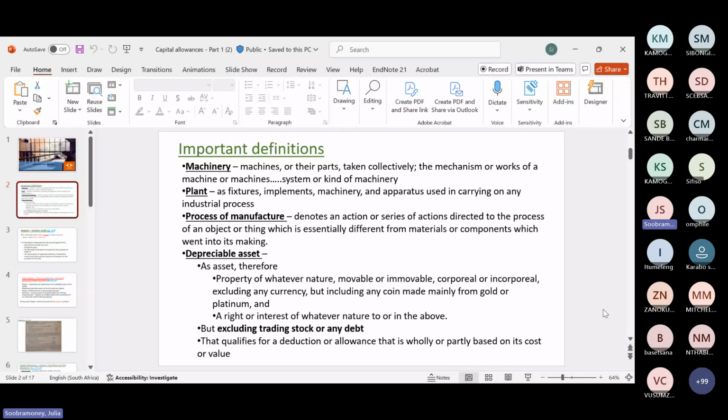Process of manufacturing, I think you all know this word by now. You've all done costing. I think you all understand what process of manufacturing is, but it denotes an action or series of actions directed to the process of an object or thing, which is essentially different from the materials or components which went into the process.